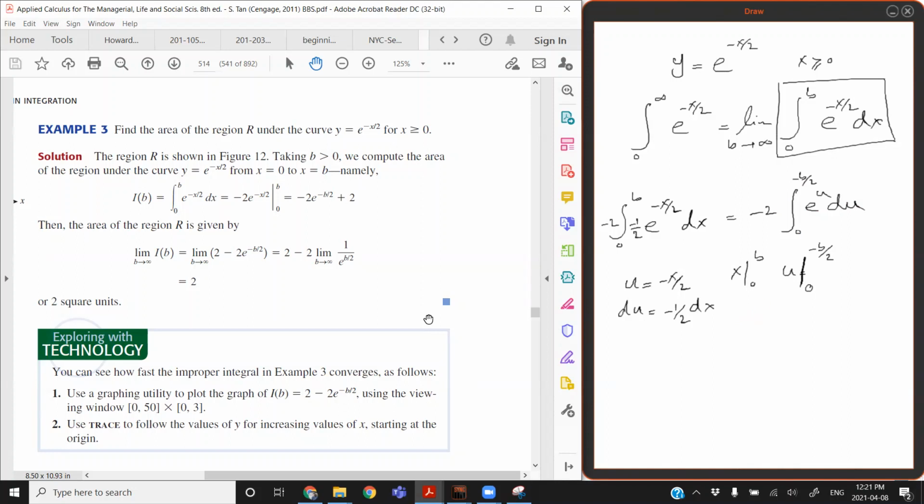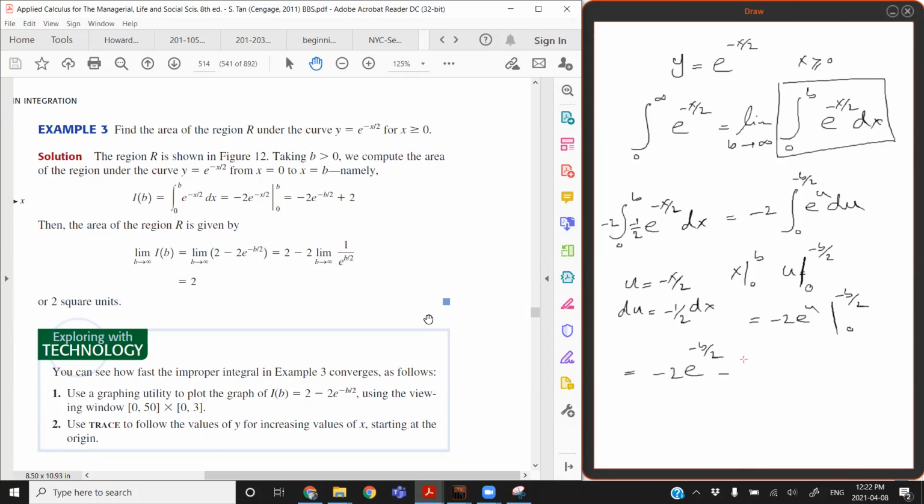The antiderivative of e to u I know is e to u, so it's going to be negative 2 e to u from 0 to negative b over 2. And at this point, if I plug in values, I get negative 2 e to the power of negative b over 2 minus, if I plug in 0 into this, I get e to the power of 0, that's 1.